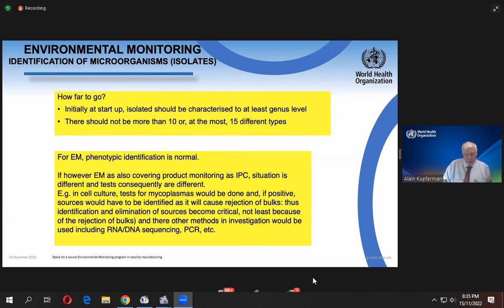So, I mean, you will go to genotypic only if necessary. No use going much further. For phenotypic, that is normal.